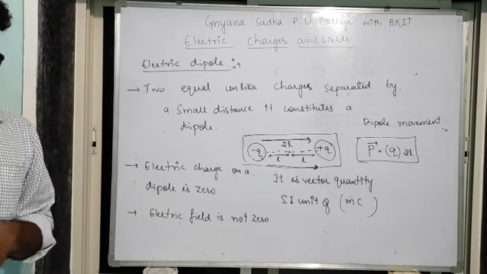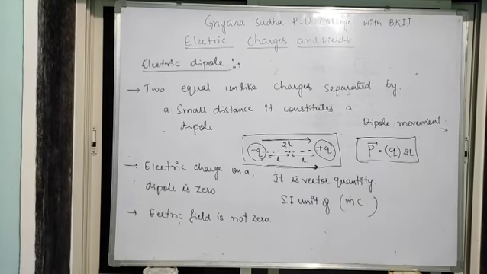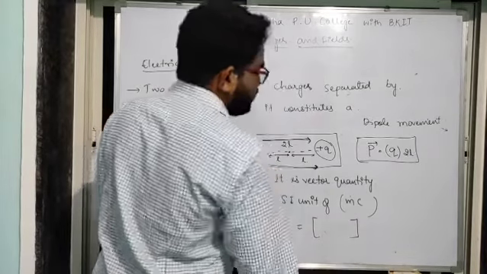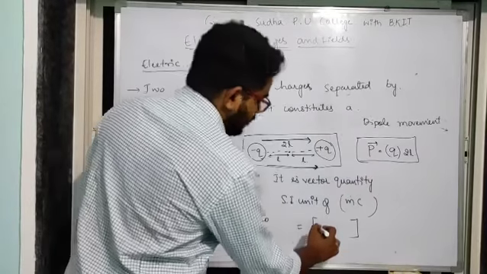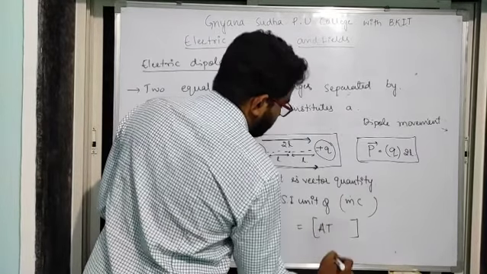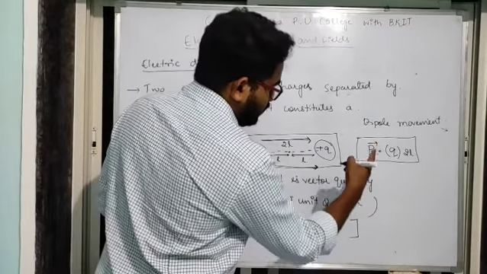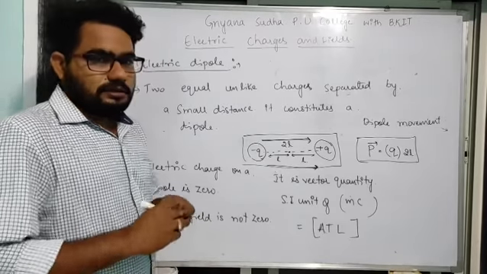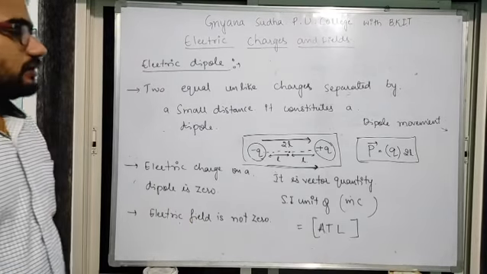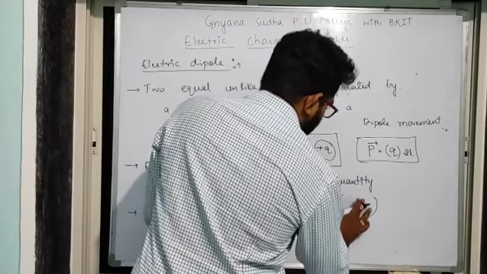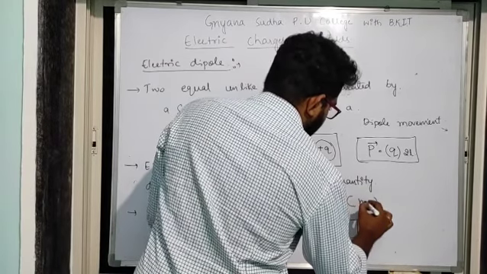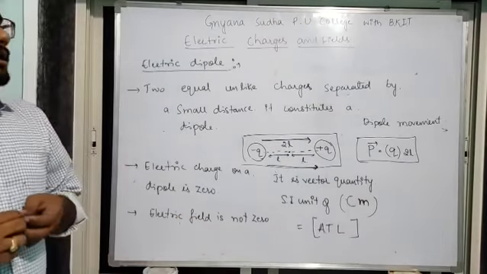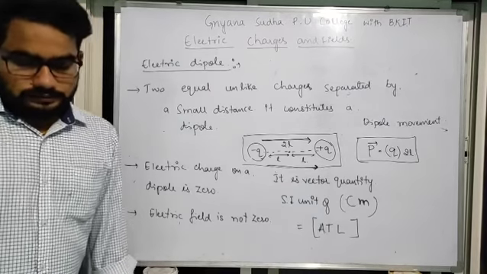What will be the dimension? Dimension क्या हो जाएगा इसका? चार्ज हम लिख सकते हैं एम्पियर टाइम इनटू L, that is length. Ampere time length. You can write it as coulomb, charge into 2L.